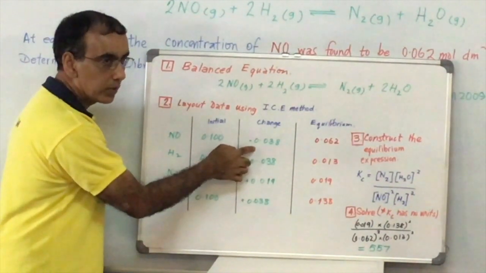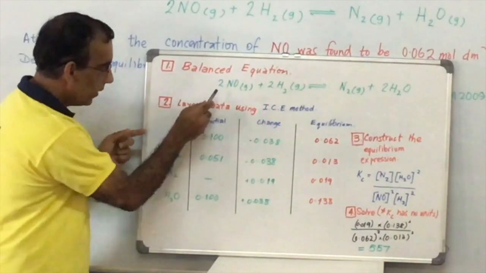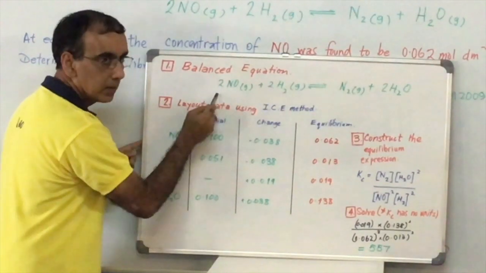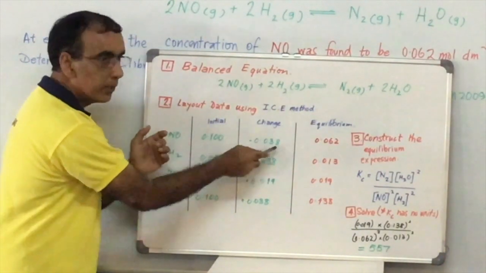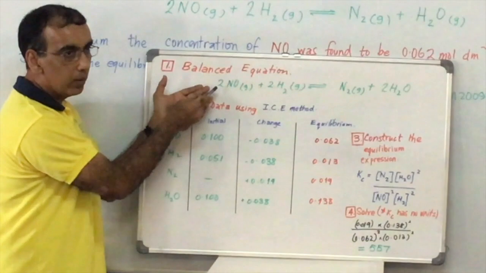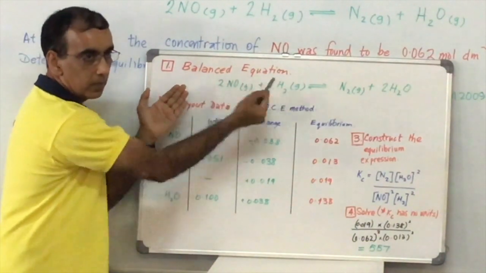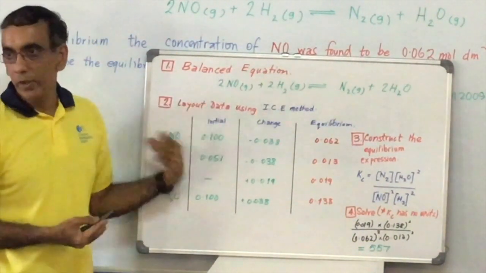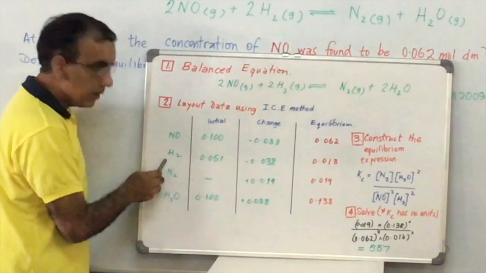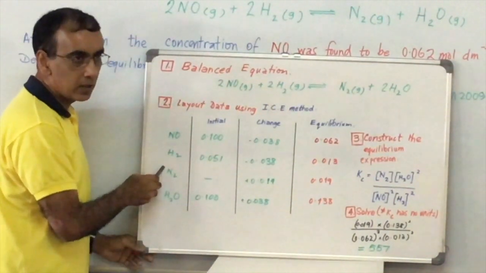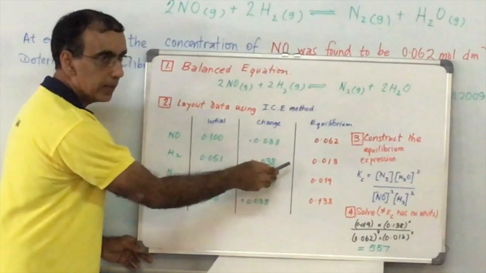This much went into the reaction. Now, if this is 2:2, and 0.038 was lost from the NO, because the ratio is the same, 2:2, 1:1, it doesn't matter, then it means the same number of moles of hydrogen is lost, which is 0.038.